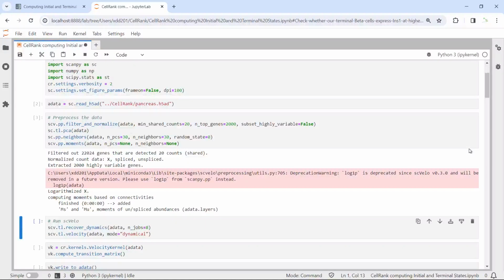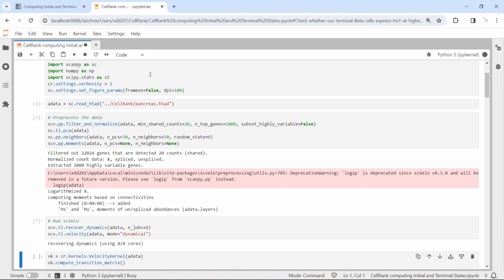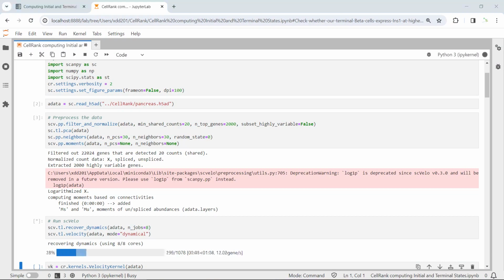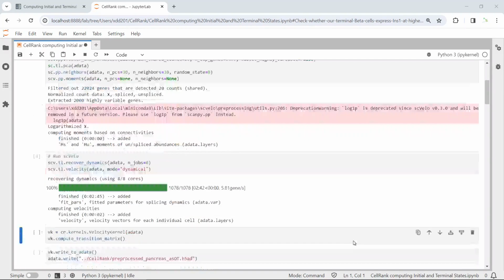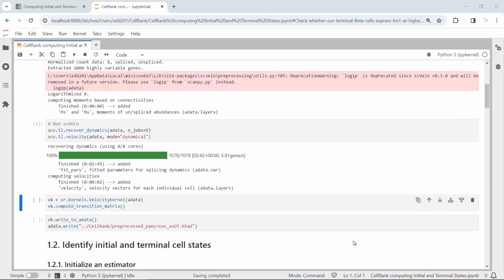After pre-processing the data, we can run scVelo to perform RNA velocity analysis. So now the data is ready to perform CellRank analysis. First, we can set up the velocity kernel and compute the transition matrix.